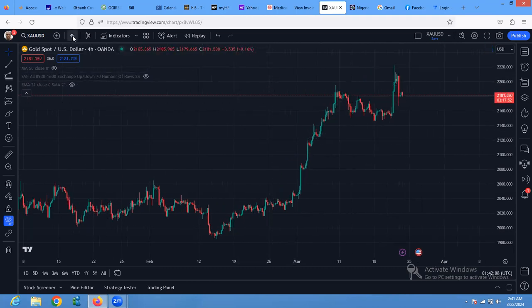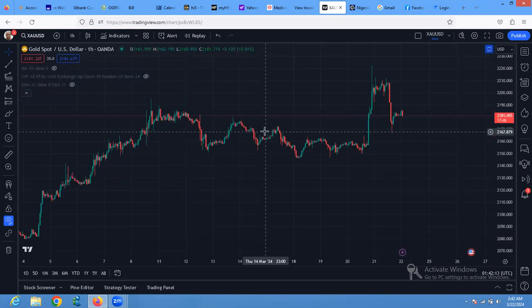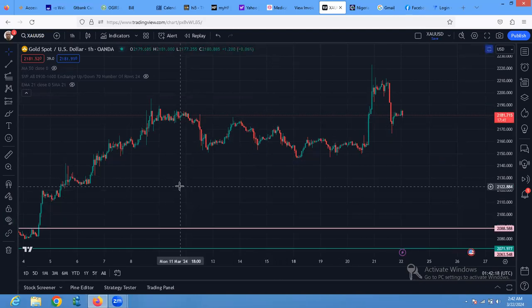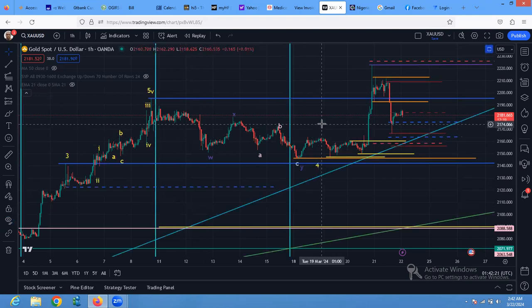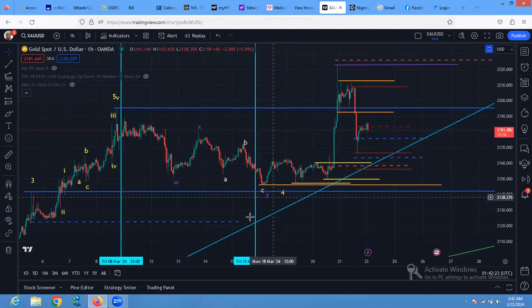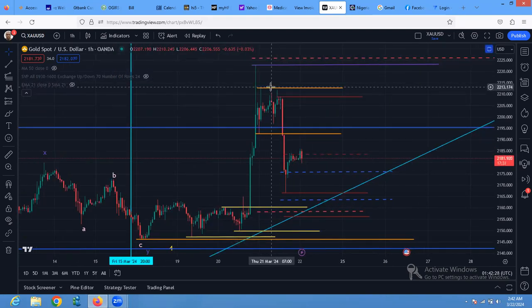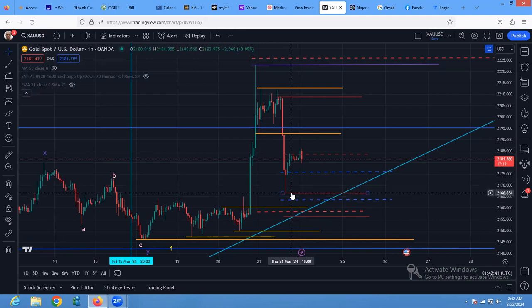So for now, what are we seeing in terms of correction? If you're in the buy, you must be thinking of relinquishing your position. Now let's look at what the price had done in terms of that correction. We are seeing this as the first move, an A to the downside after this splash of a move, an A to the downside, a B, and a C. 161.8 is here, but the reaction occurred just before 161.8.